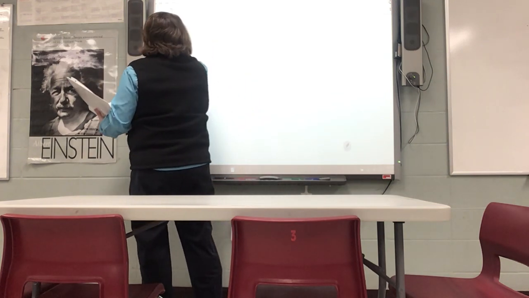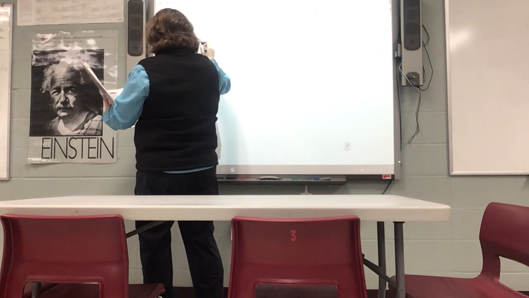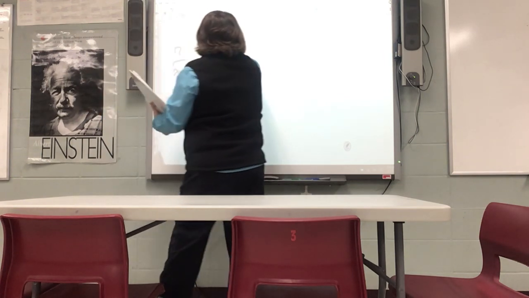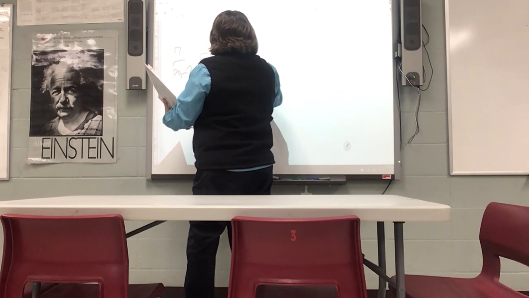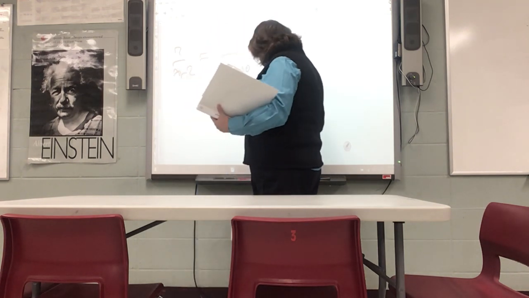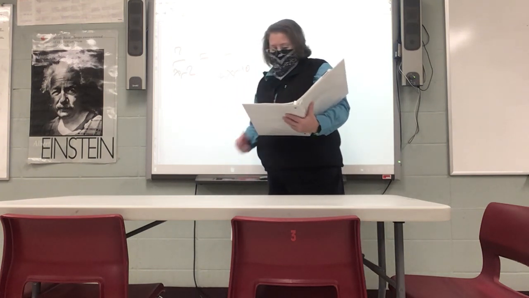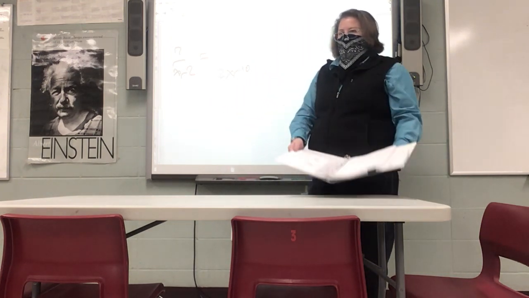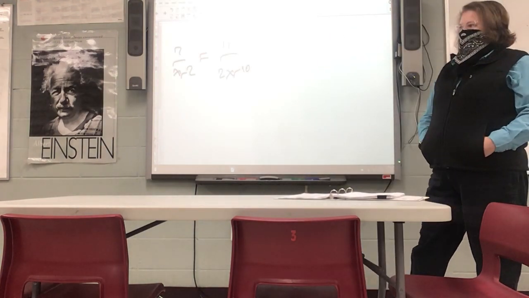It's not wanting to work. 7 over x minus 2, just trust me, equals 11 over 2x minus 10. So give that a whirl, see what you can come up with. It's just like the one we just did.